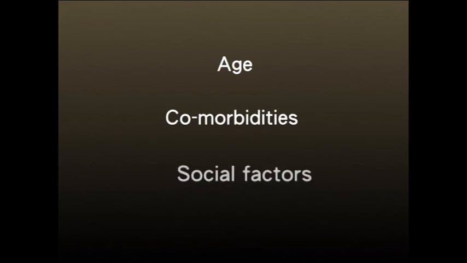The factors that more or less strongly affect the success of rehabilitation include age, comorbidities, and social factors. However, the objective of rehabilitation can also be a painless residual limb or adequate mobility in a wheelchair if a decision against a prosthesis has been taken.